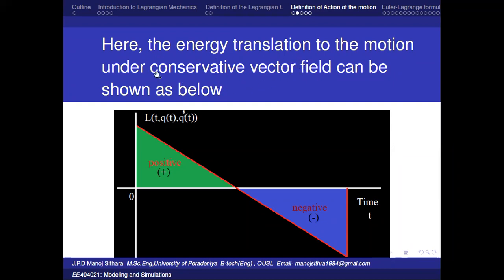The meaning of conservative you will study in further lessons in this course, right? So if you have trouble accepting the term conservative vector field, you can assume a force field like the gravitational field, right?